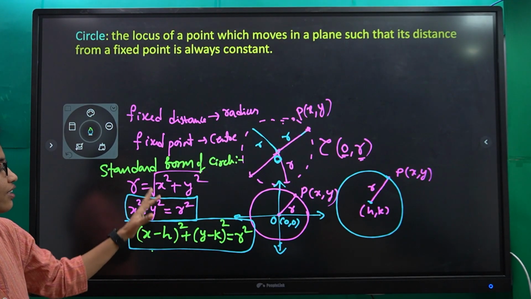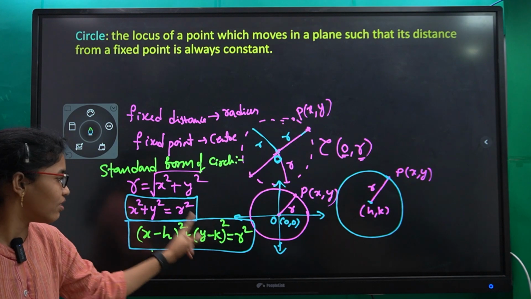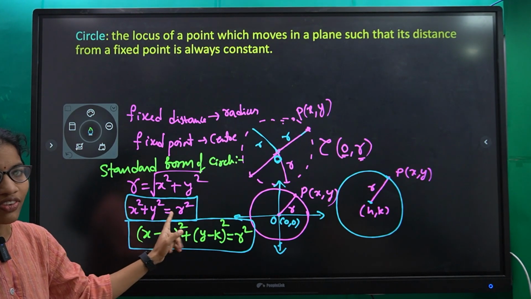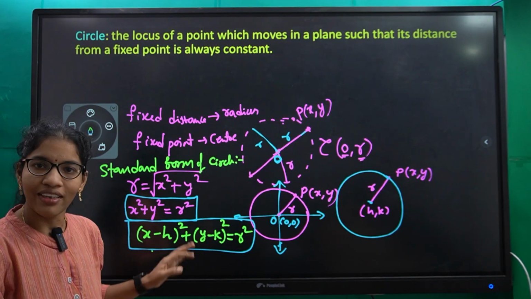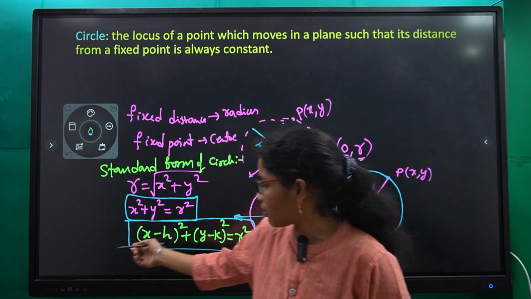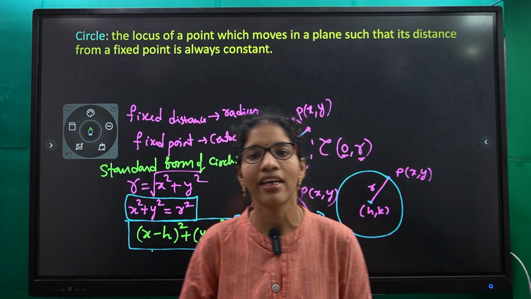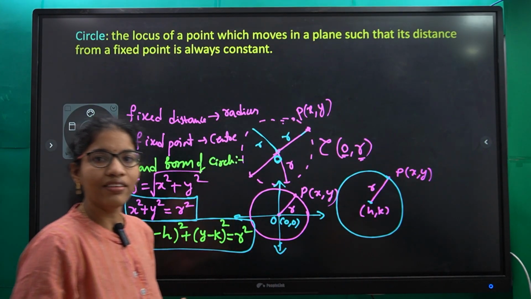If the center of the circle is 0, 0, then h is 0, k is 0, and the equation becomes x square plus y square equals r square. Clear? So wherever you see x minus h whole square plus y minus k whole square equals r square, you can say this curve represents a circle. Clear? Okay.